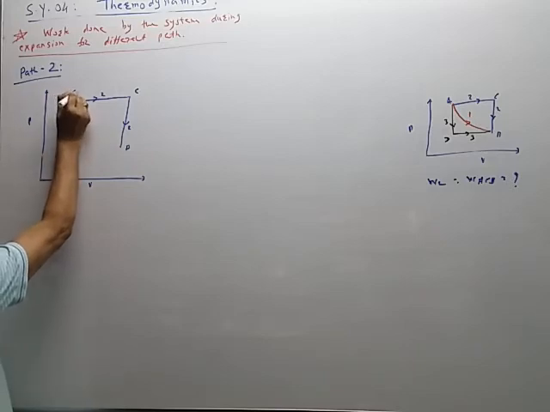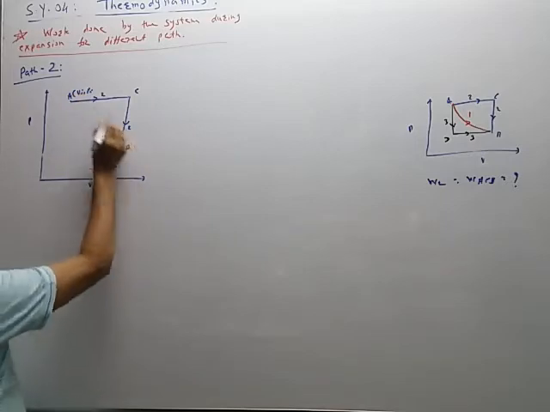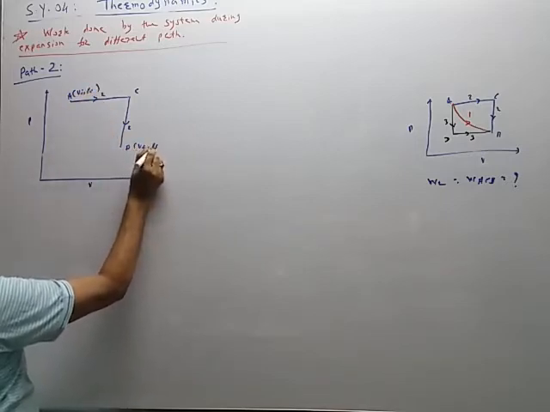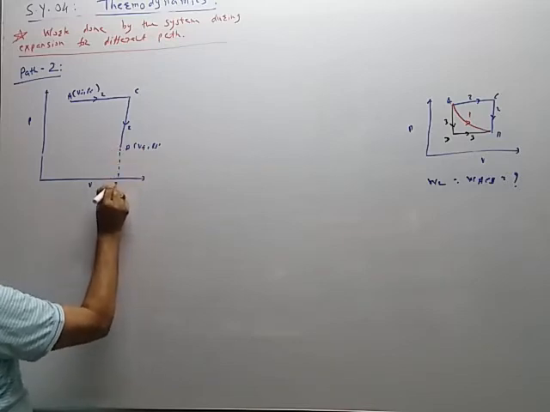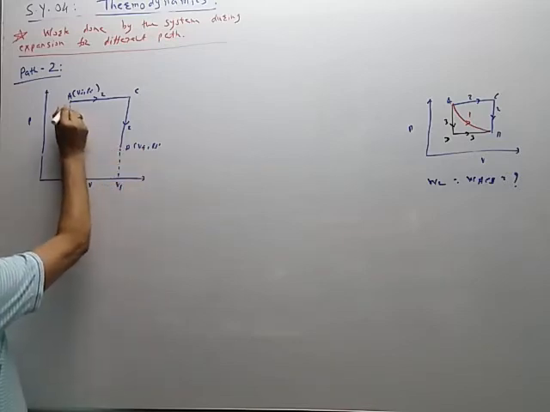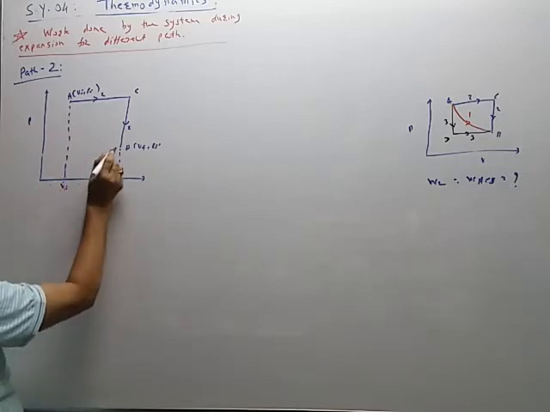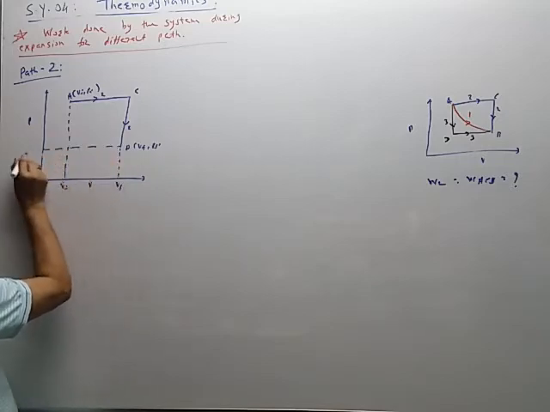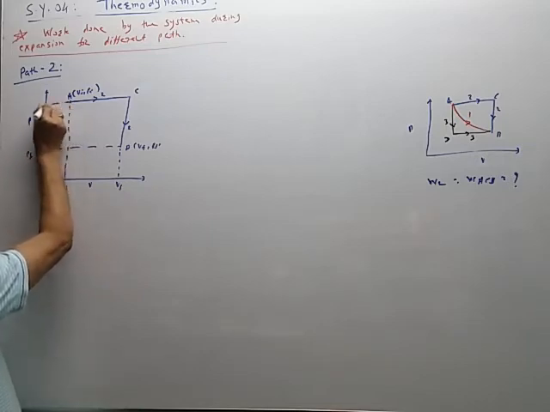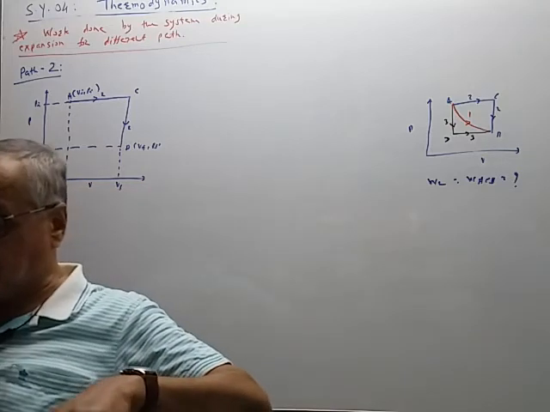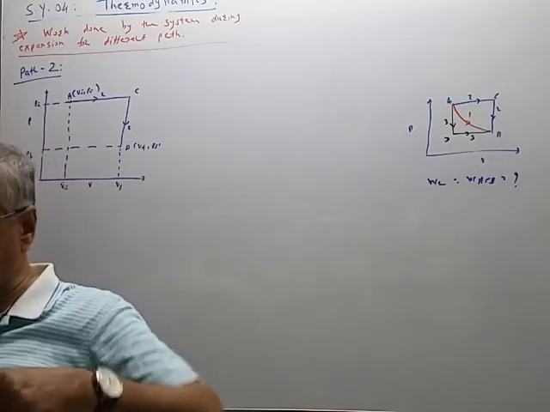Initial state Vi, Pi, final state Vf, Pf. So this is Vf, this is Vi, this is Pf, this is Pi, like this. So this is the path. So the system undergoes the change like this.